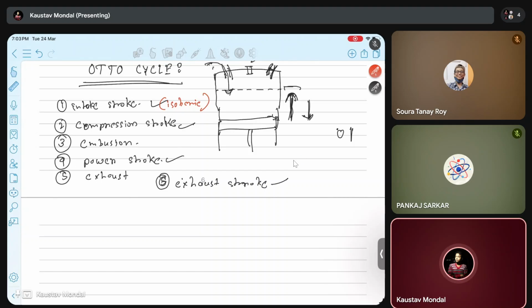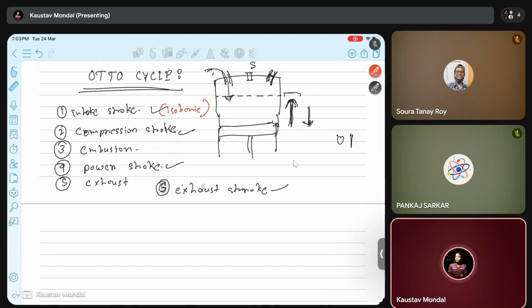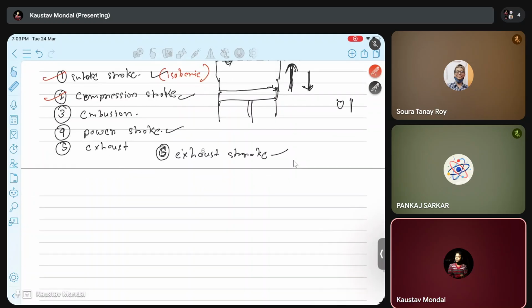Next, the compression stroke, process 2. During the compression stroke, when this piston is compressing this air and fuel mixture, that process is basically adiabatic. Next, the combustion stroke is an isochoric process.